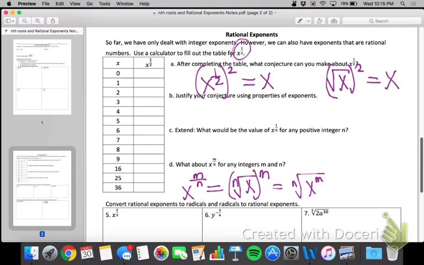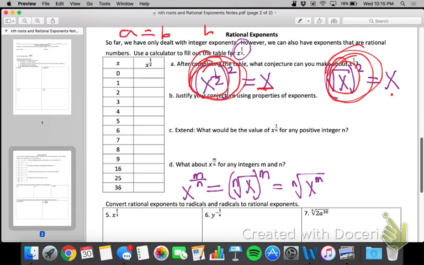So if this thing squared equals x and this other thing squared equals x, then these two things must be the same, right? It's a classic case of a equals b and b equals c, then a equals c.